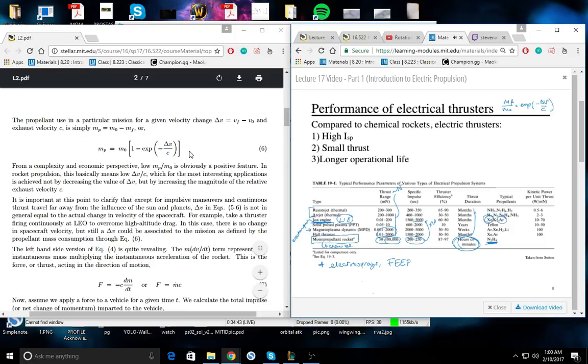These are new families of electrical thrusters that are used for micropropulsion applications. They're electrostatic in nature, but they operate very differently to the other plasma engines that we will see, and they can produce very, very small thrust levels, and that's the beauty behind them.